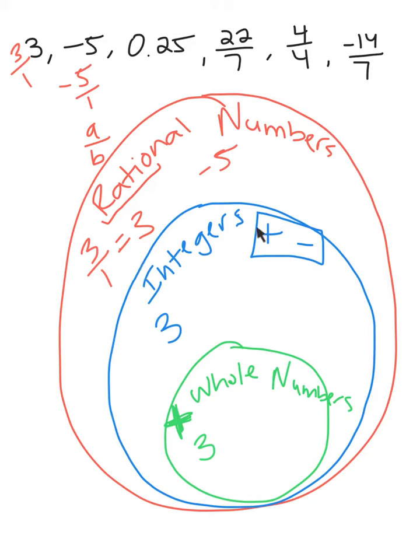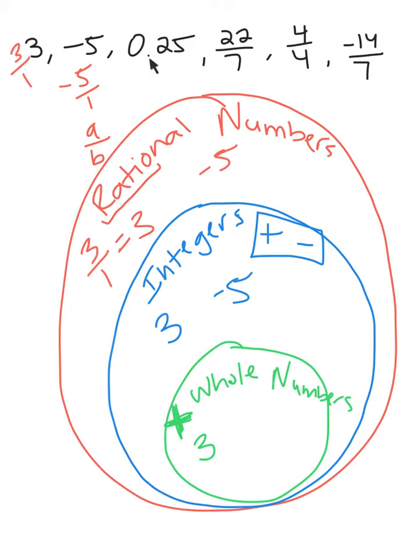It's a negative integer. So let's write that in my integer box. Well, what do you think? Can it go into whole numbers? Is it positive? No, it's not. So negative 5 does not go in here.